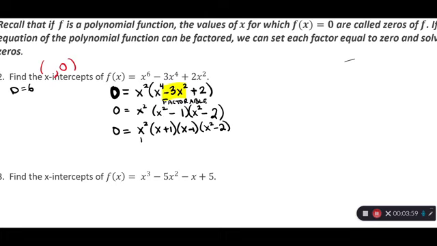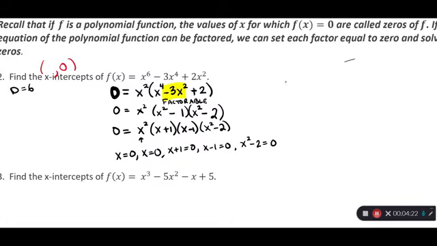You'll notice that this is actually 2 factors. So this one, x equals 0, there's another x equals 0 there. This one, x plus 1 equals 0. The next one, x minus 1 equals 0. The next one, I can't factor it anymore, so it's x squared minus 2 equals 0.